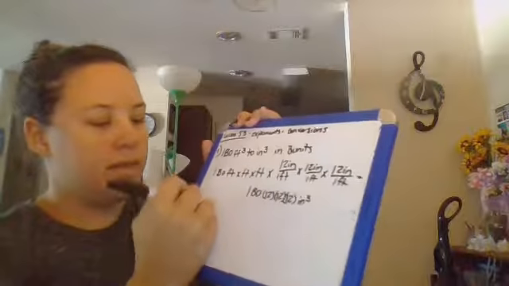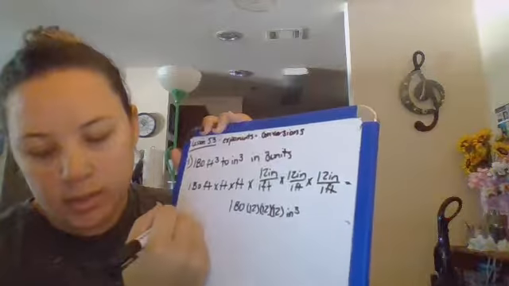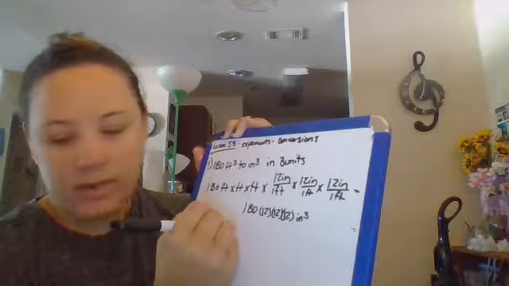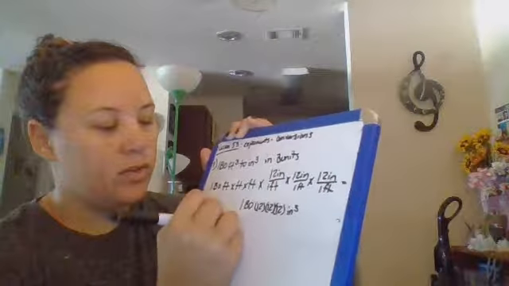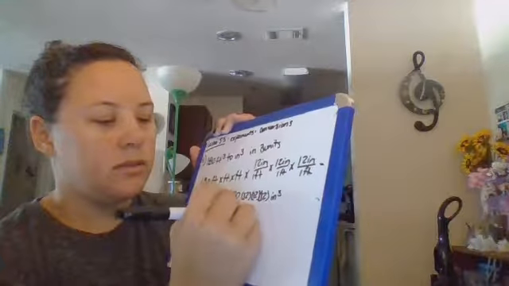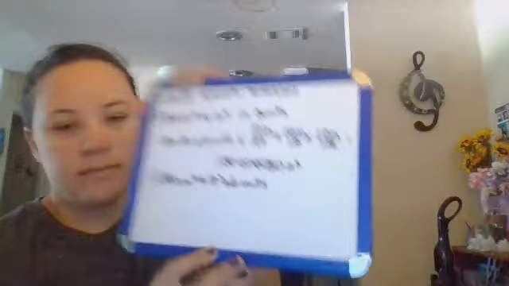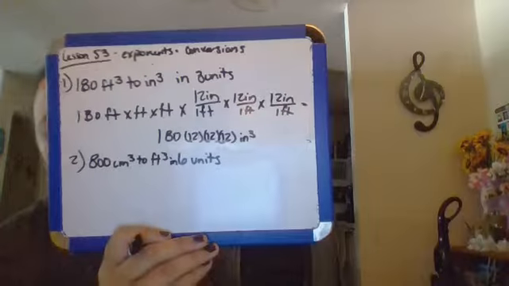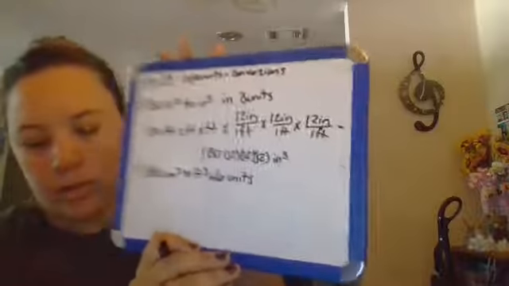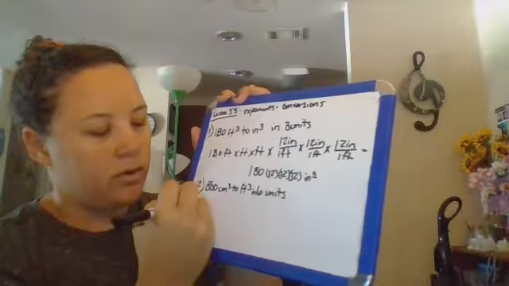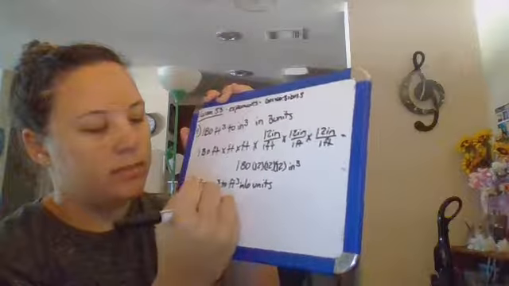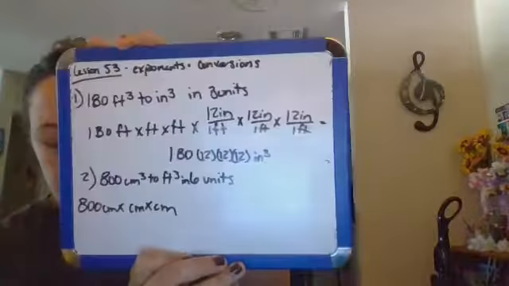All right, and then the second one is going to be, we're going to convert 800 centimeters cubed to feet cubed in 6 units. So we'll start off with 800 centimeters times centimeters times centimeters.